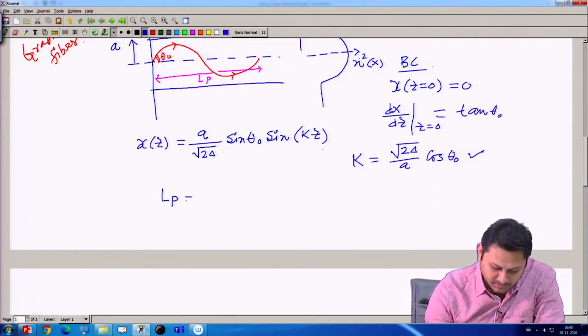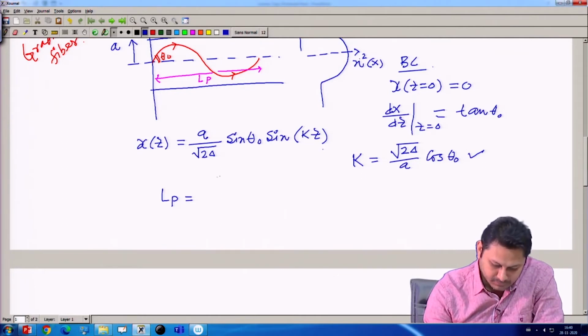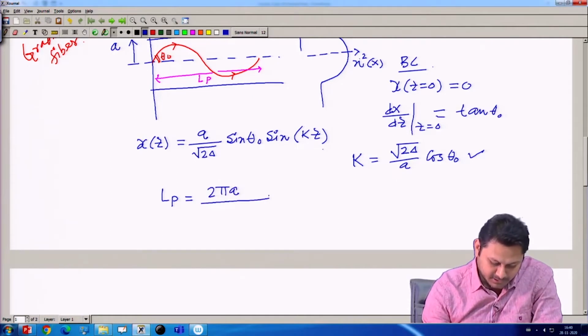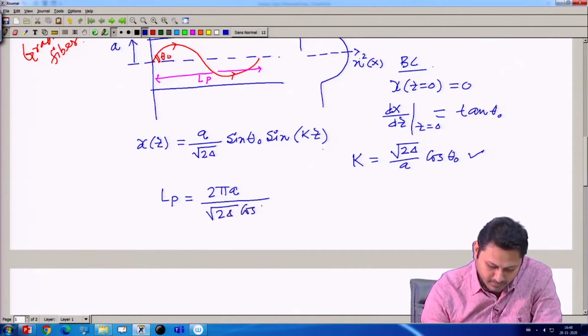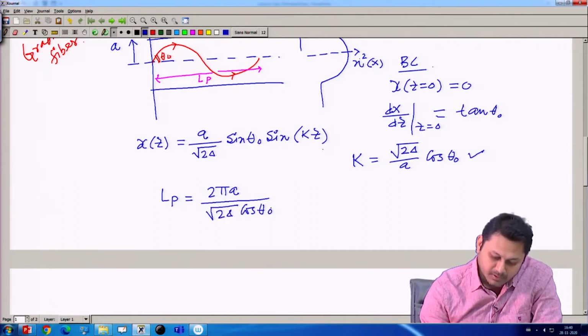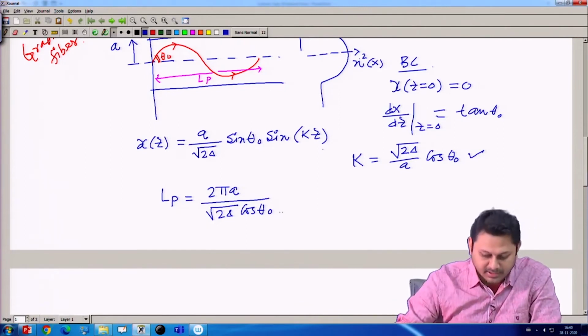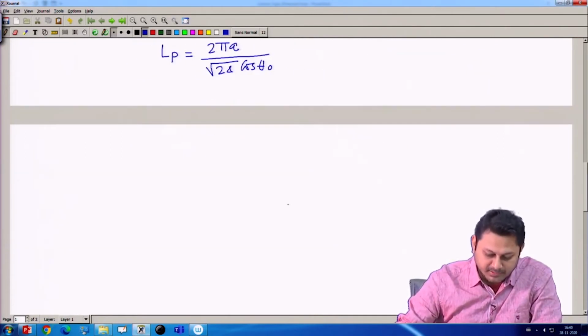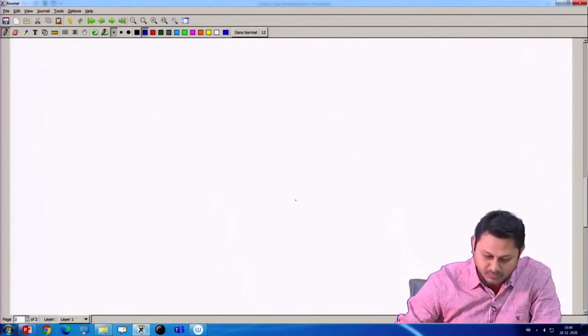So LP was 2 pi a divided by root over of 2 delta cos of theta 0. So LP again depends on theta 0.